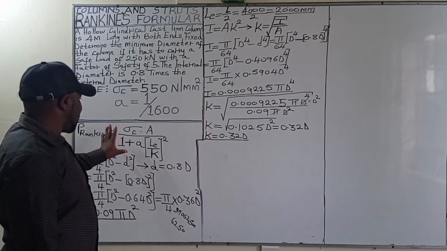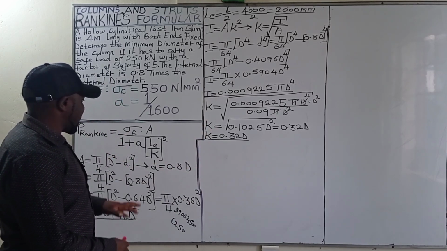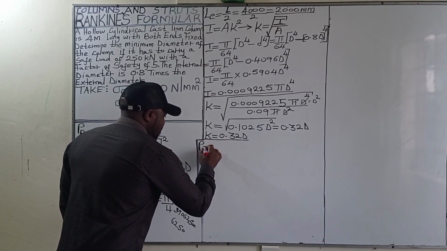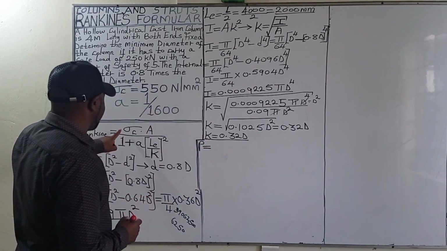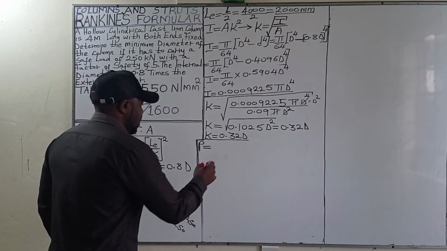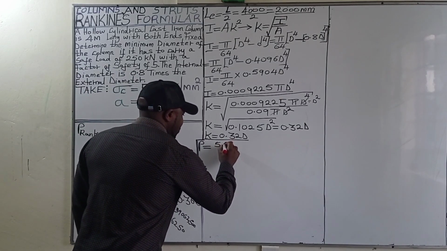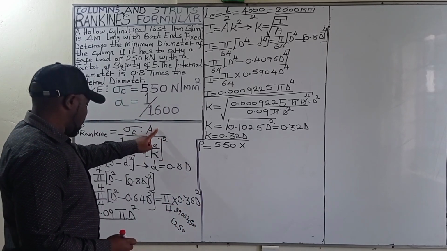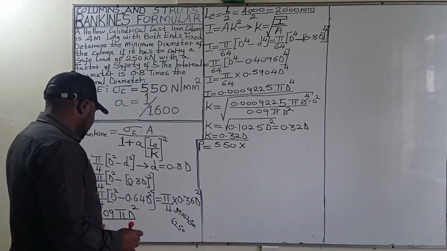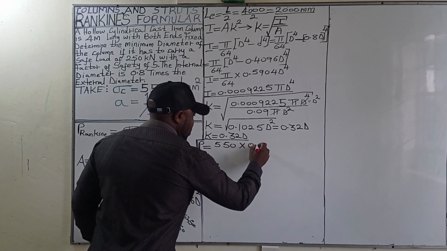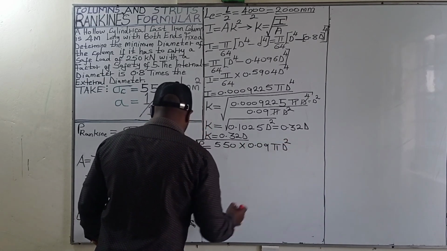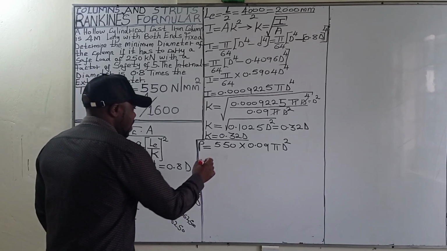Now that we have everything, we can apply the Rankine formula, and the crippling load by Rankine will now be equal to the crushing stress, which is 550 newtons per square millimeter, multiplied by the cross-sectional area of this column, which is 0.09 pi D squared. That is the cross-sectional area.